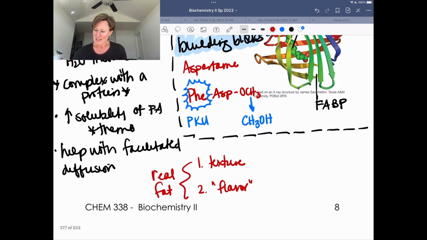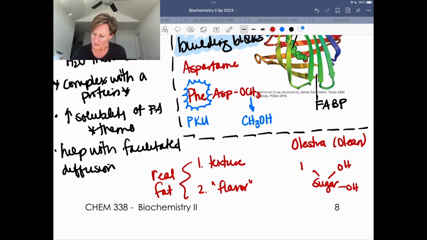So if you have heard of olestra, also called olein, this is a fat substitute. If we think about fatty acids, we've got a glycerol backbone that has 3 OH groups that we hook fatty acids onto because we make an ester linkage. What we're going to do to make this fat substitute is take a sugar that has a lot of OH groups on it, and attach fatty acids to those OH groups.